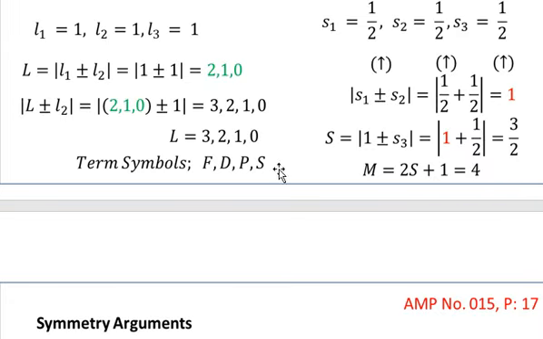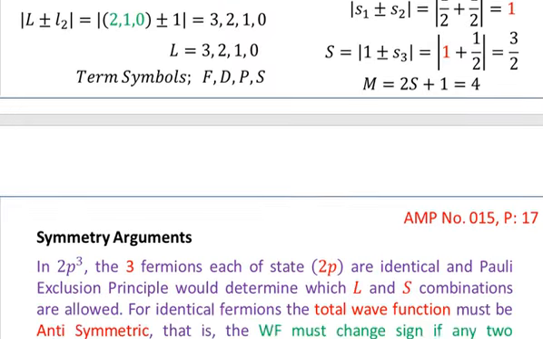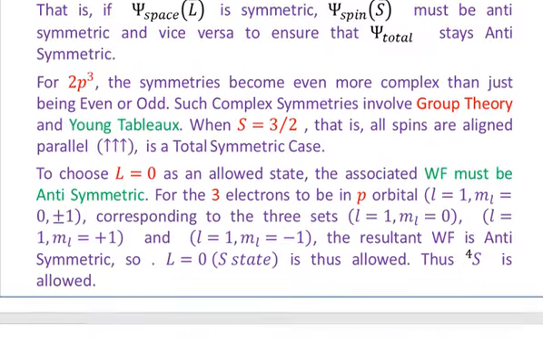So let's check if L is equal to 0 with capital S not equal to 3 by 2 but having different values. Under that condition, what will happen to the allowed value of S? Because when L is equal to 0, S is allowed. We have confirmed that on the basis that S is equal to 3 half. But now if S is not equal to 3 half, what will happen?